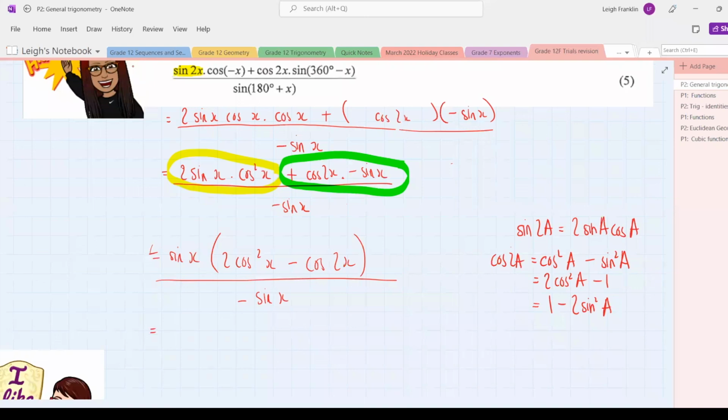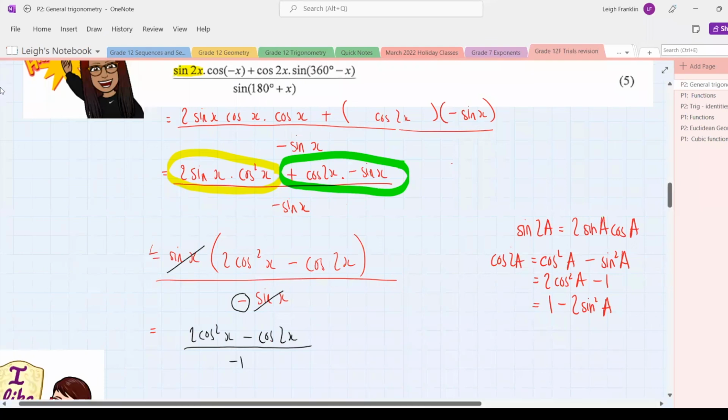So now we would say sine x divided by sine x is 1, but we've still got this negative hanging around here at the bottom. So 2 cos squared x minus cos 2x all over negative 1.